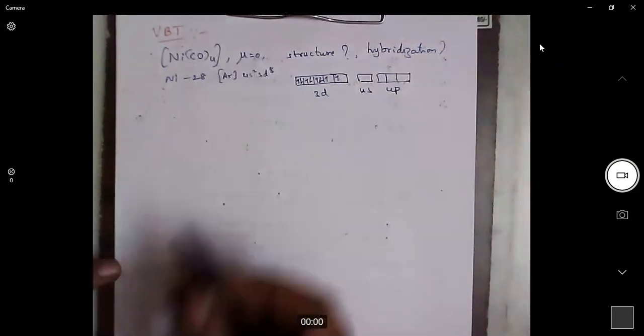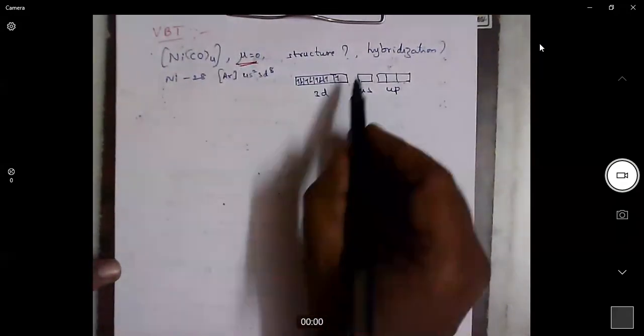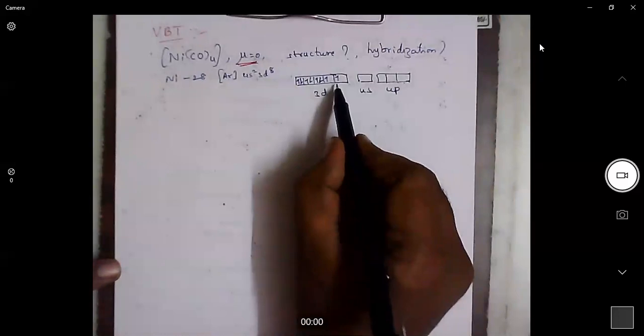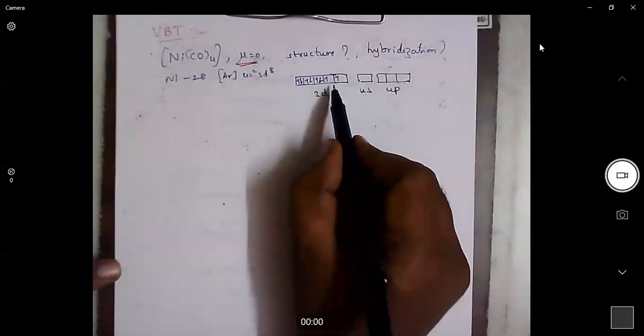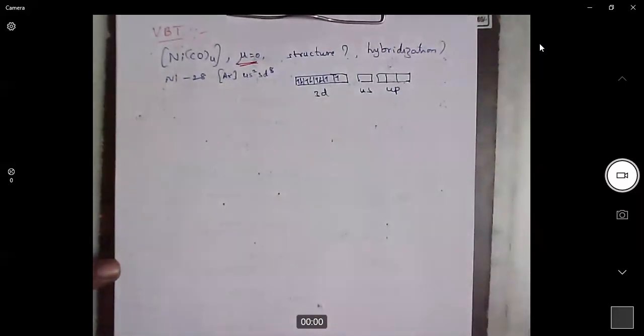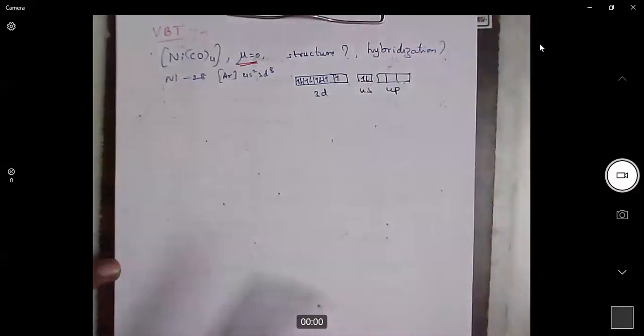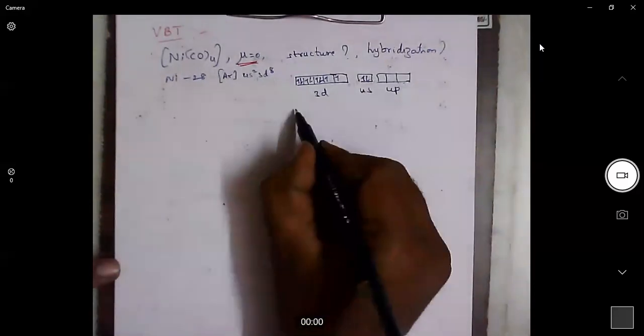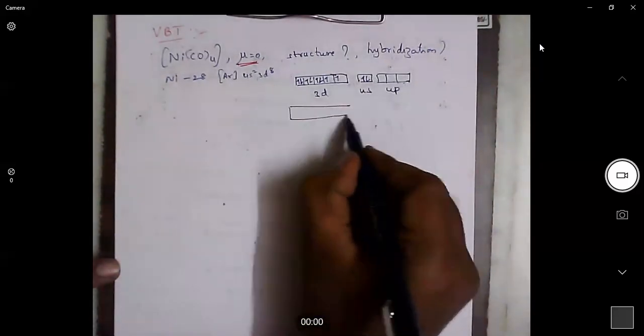But see, we were given a magnetic moment of 0. If the magnetic moment is 0, then this is not the correct electronic configuration in the molecule. This is the actual electronic configuration, but in the complex it will be different.